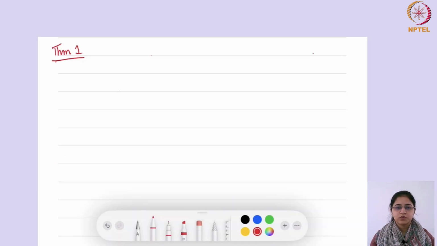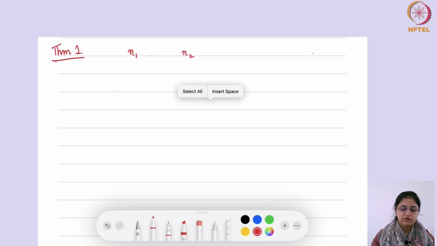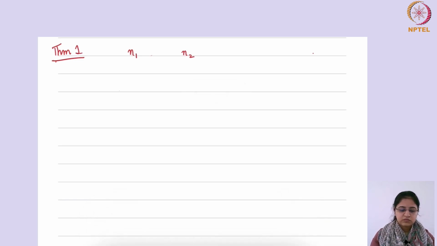So let us begin with the first theorem. Here what we are given is that the two samples, the first one is of size n1 and the other one is of size n2, and they are coming from a population. Okay.